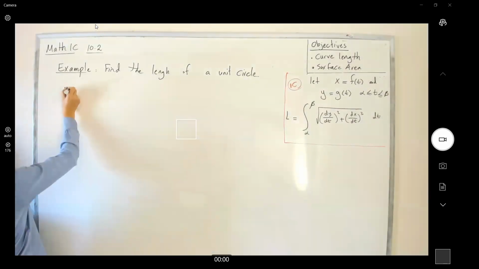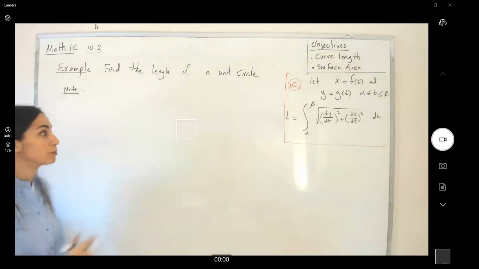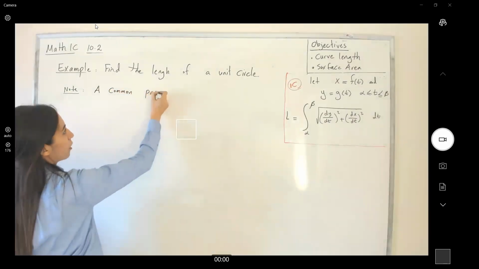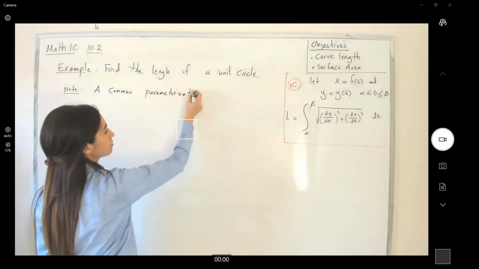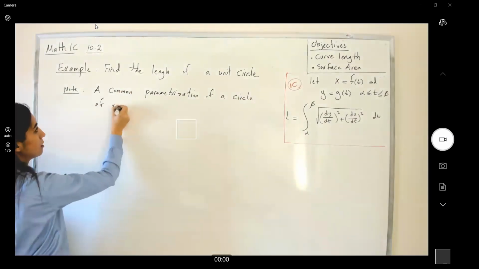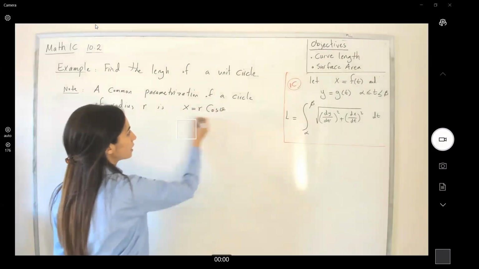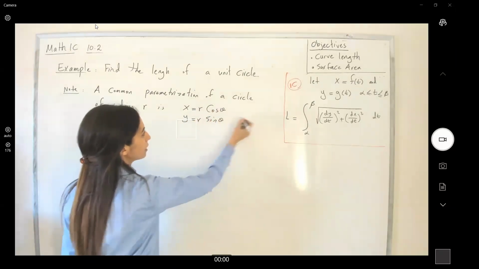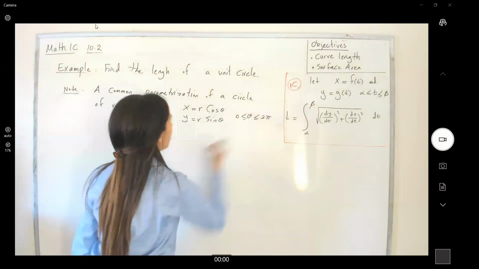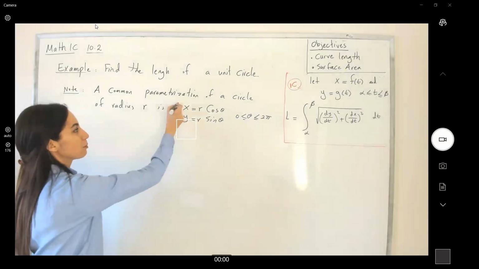First of all, note that a common parametrization for a circle of radius r is x equals r cosine theta, y is r sine theta, theta is bounded between 0 to 2 pi. So if somebody says, hey, give me a parametrization for a circle of radius r, this is the parametrization that you write.